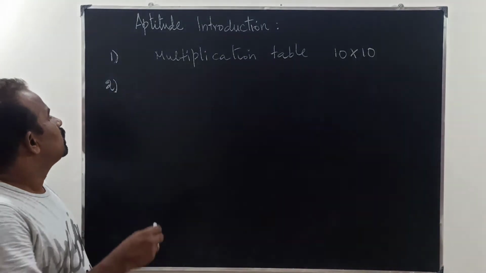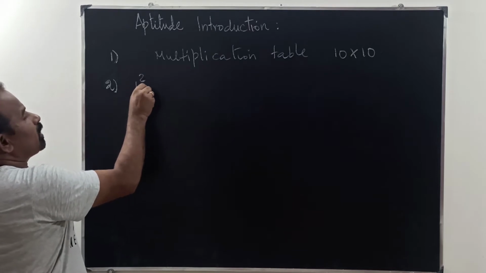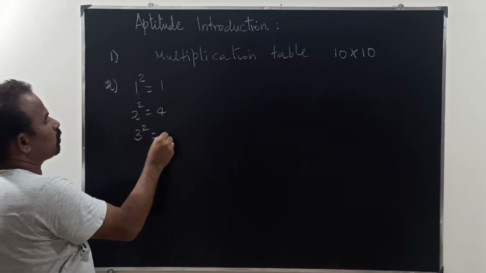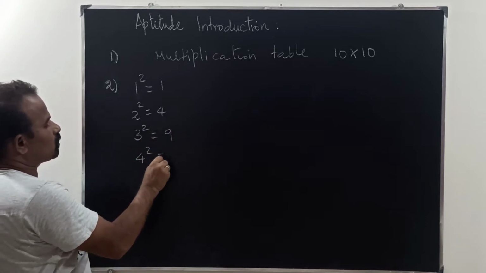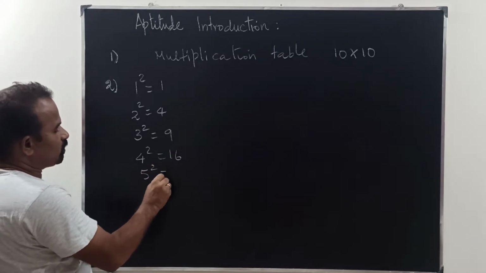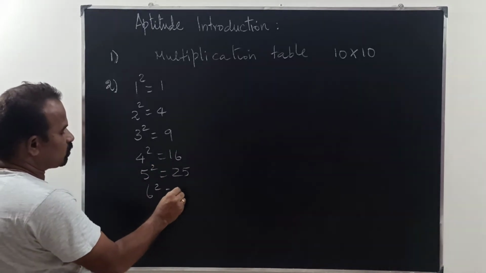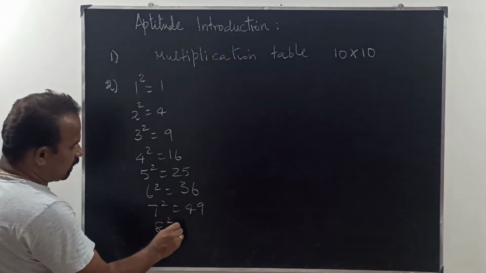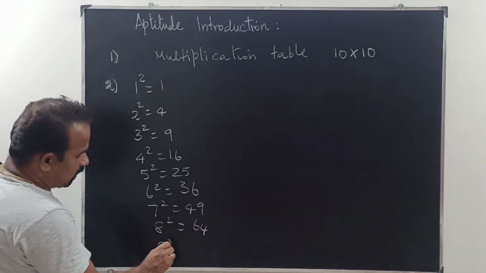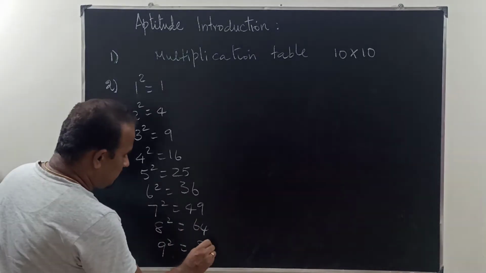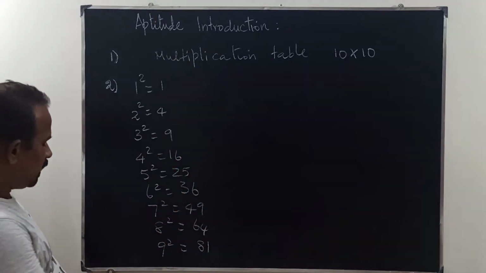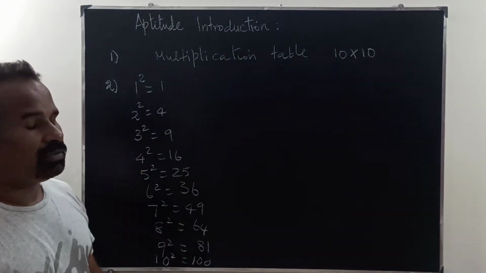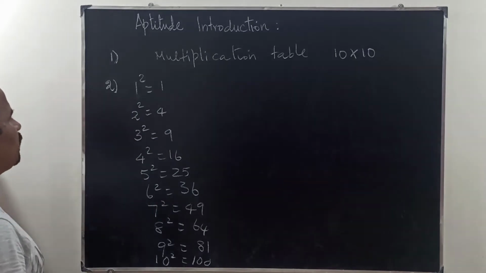So 1 squared is equal to 1, 2 squared is equal to 4, 3 squared is equal to 9, 4 squared is 16, 5 squared is 25, 6 squared is 36, 7 squared is 49, 8 squared is 64, 9 squared is 81, and 10 squared is equal to 100. Everybody knows this very well.